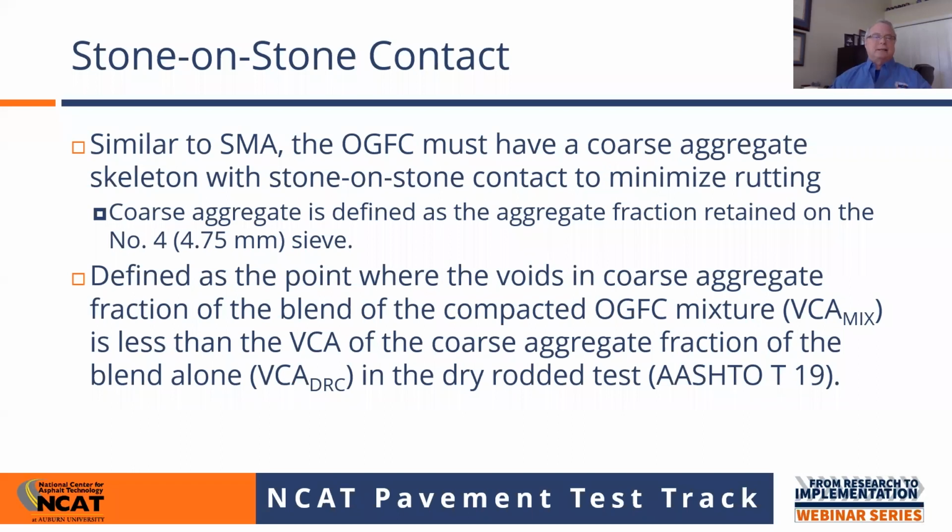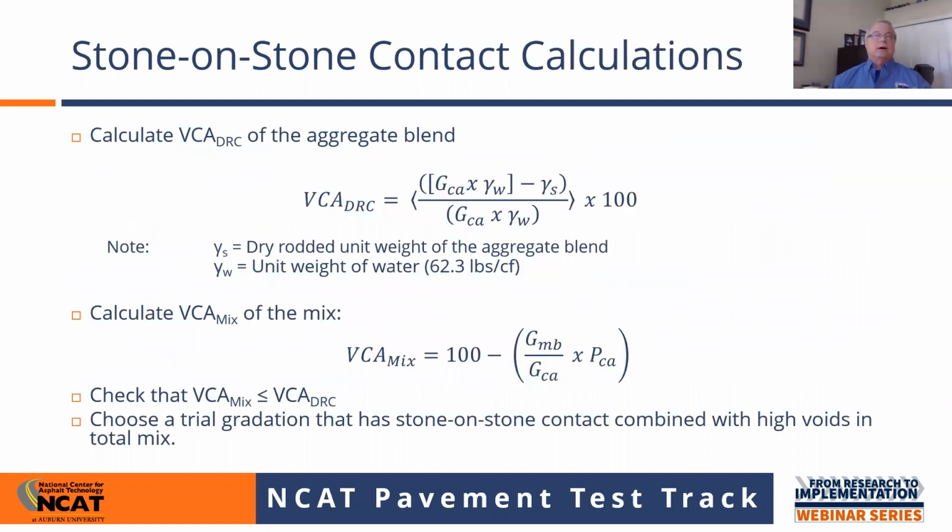You do these calculations, and if one is less than the other, it indicates that you've got good stone-on-stone contact. These are the calculations. And you can see some of the terms, like in the second equation, the GMB term is from the compacted specimen, and GCA is the specific gravity of the coarse aggregate component.